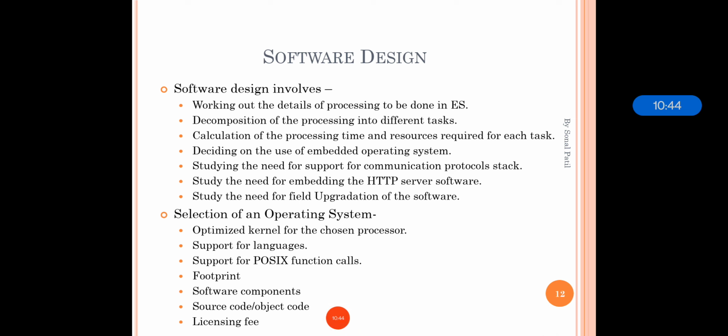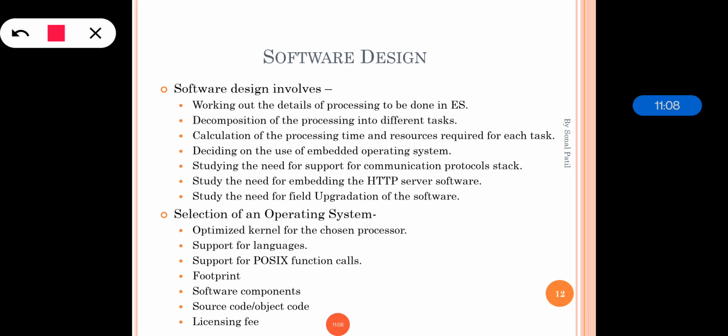And when we are talking about the software design, it involves the working out details of processing to be done, decomposition of the processing, calculation of processing time, deciding the use of embedded operating system, then need for support of communication protocol stack, study the need for embedding the server software, upgradation of software, everything.